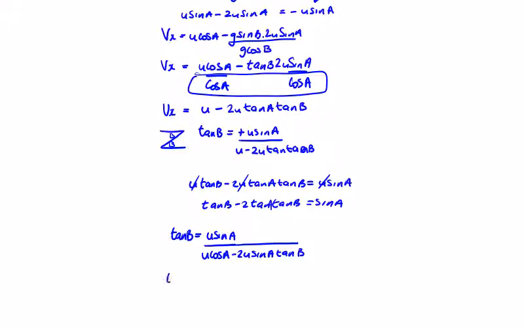So multiplying across now, I get tan B by u cos A minus 2u sine A tan squared B is equal to u sine A. Dividing across by u, or doing it earlier if you want.